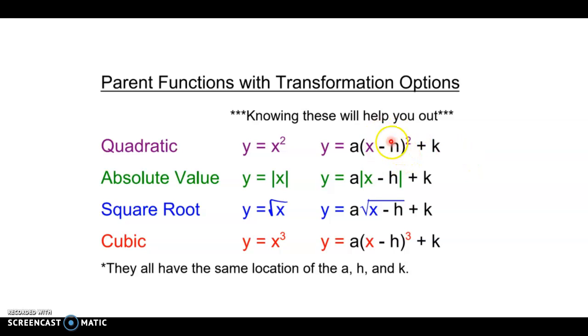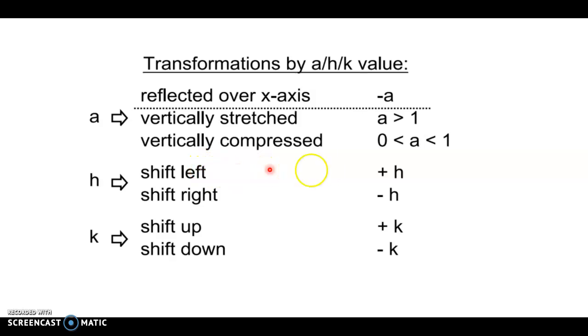Right here would be our h. If this is positive, it's going to move it to the left. That's kind of different. Positive is going to the left. If it's negative, it's going to shift it to the right. Your k, if it's positive, it's going to shift it up. And if it's negative, it's going to shift it down. Make sure you pause this video and write this in your notes.